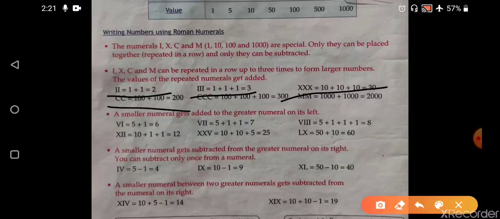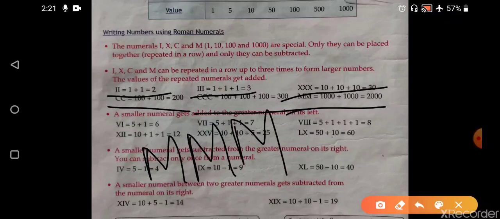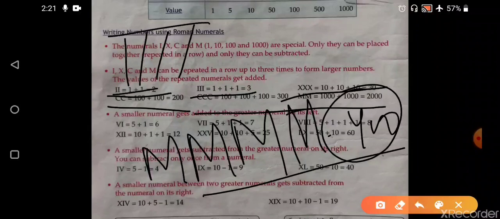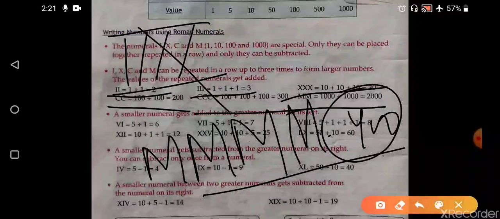C plus C. 300 is C plus C plus C. And 2000 is M plus M. And 3000 is M, M and M. They cannot be repeated 4 times to make 400. For 400 we have to use some other rule. Similarly, 4 cannot be written like this. Alright.